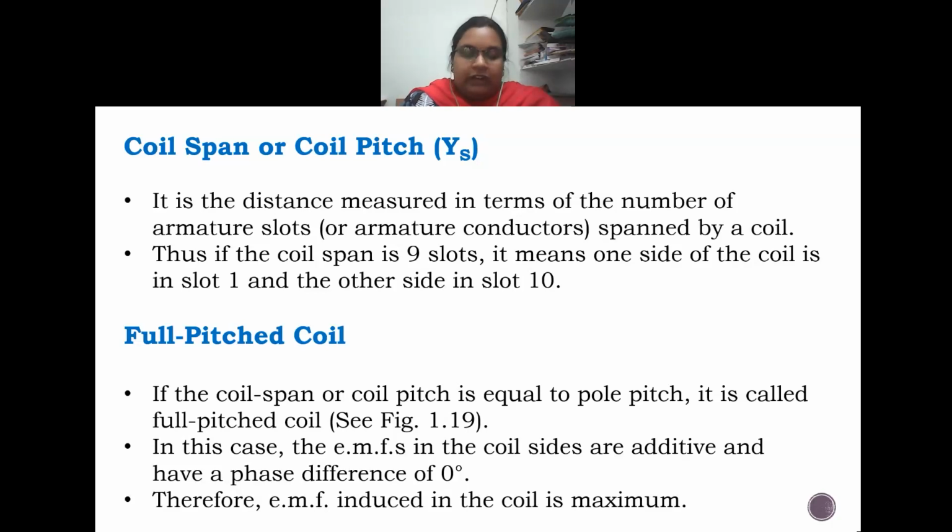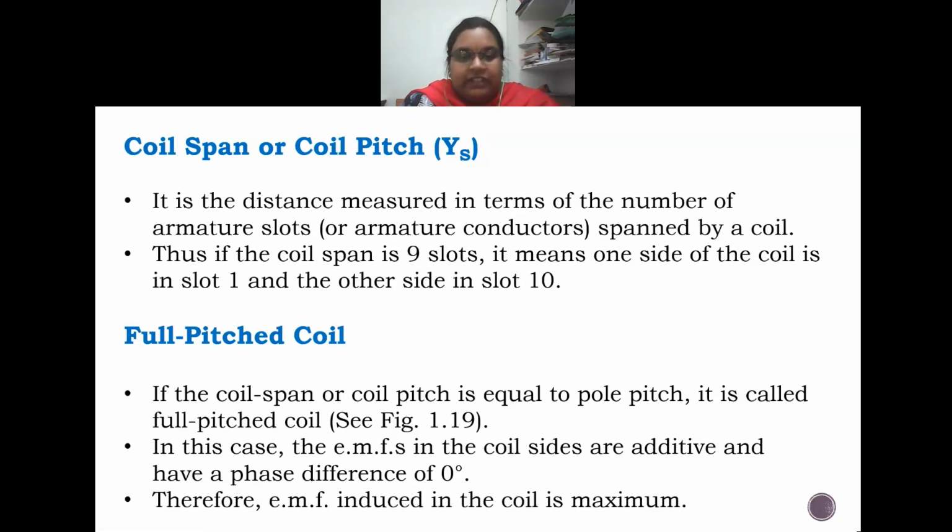If you have an opposite pole influence on both of the coil sides, then the EMFs generated in those coil sides will be aiding each other. So that is why we need to make sure that the coil winding which we have is a full pitched winding. In this case, the EMFs of the coil sides are additive and have a phase difference of 0 degrees. That means there will not be any phase difference between the EMFs generated in both the coil sides.